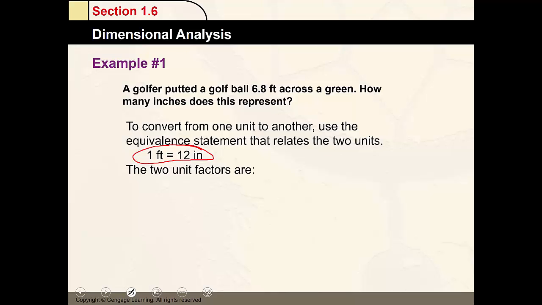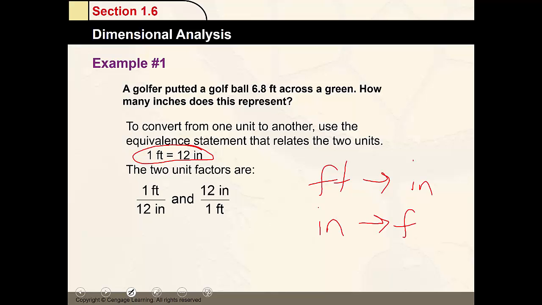So now, when doing this problem, we have to figure out, okay, are we converting from feet to inches, or are we converting from inches to feet? So if we look at our problem, we notice our number is given in feet, and it's asking for inches. Okay, so we are converting from feet to inches, and that determines what conversion factor we use.